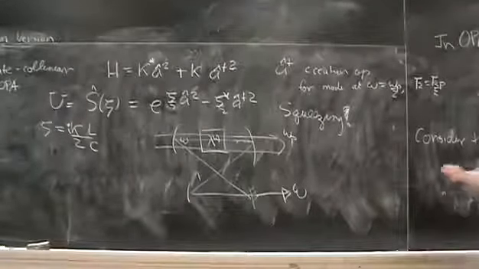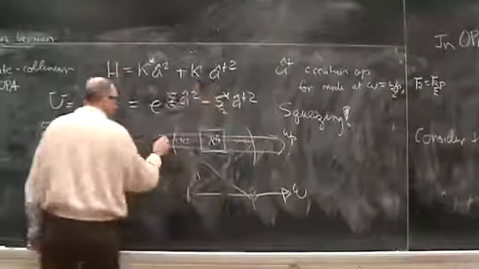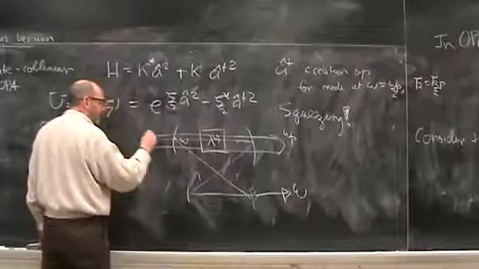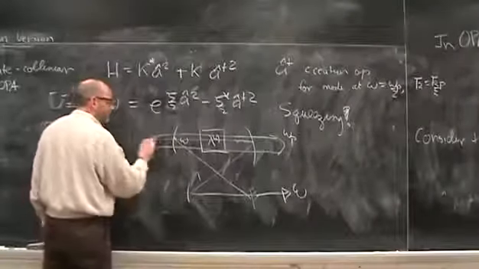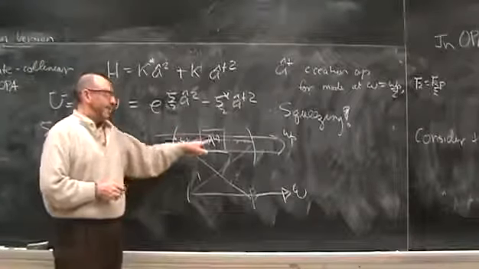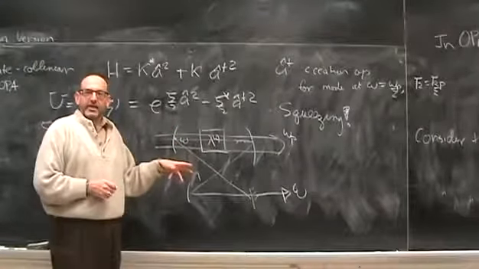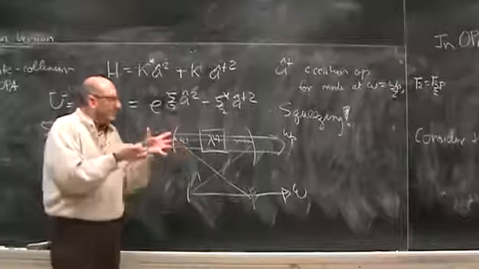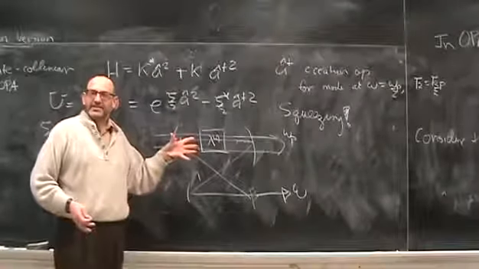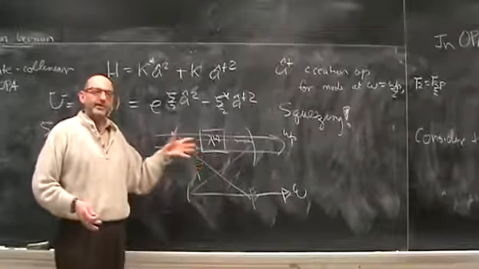Because what's coming into this cavity is the vacuum. If we didn't seed this with any light at half the pump frequency, all we're doing is squeezing the vacuum fluctuations through the three-wave mixing process.